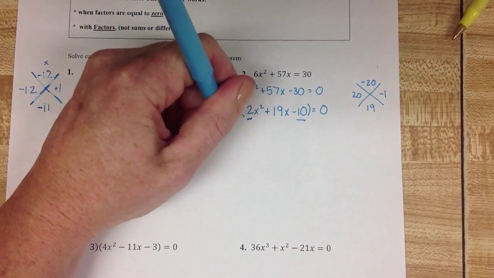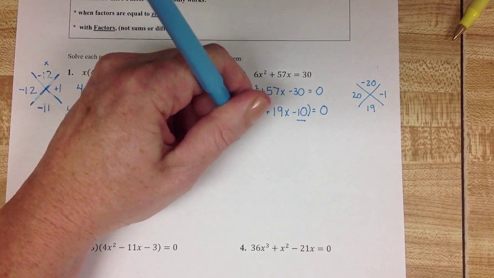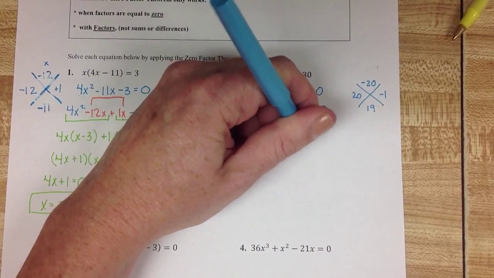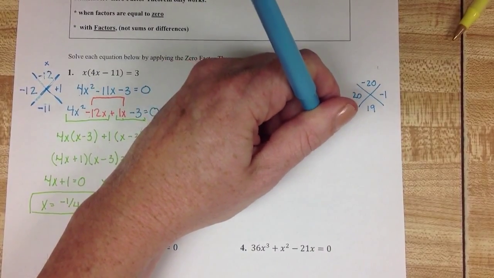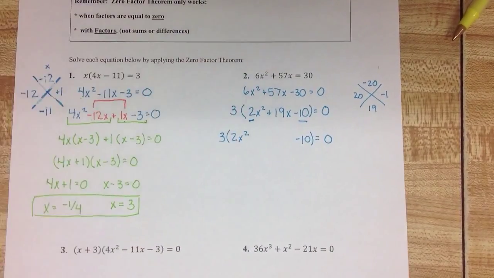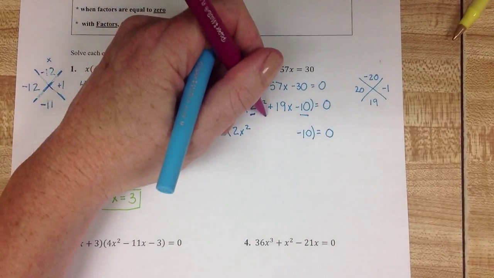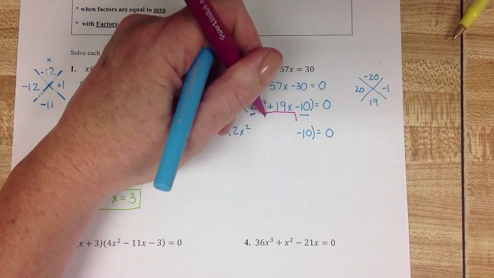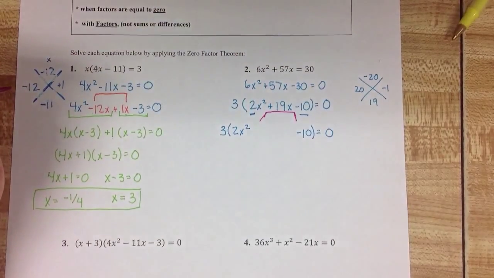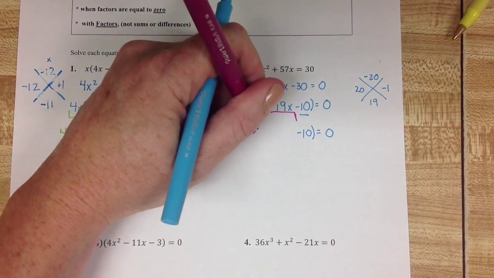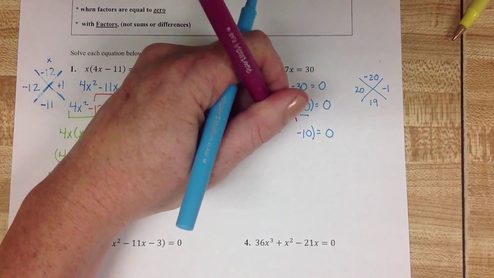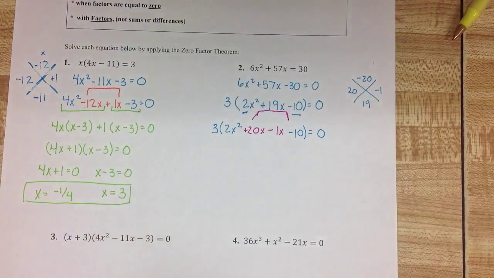So the 3 stays on the outside, 2x squared stays the same, minus 10 stays the same, and all I'm doing is splitting up that plus 19x into a plus 20x and a minus 1x.